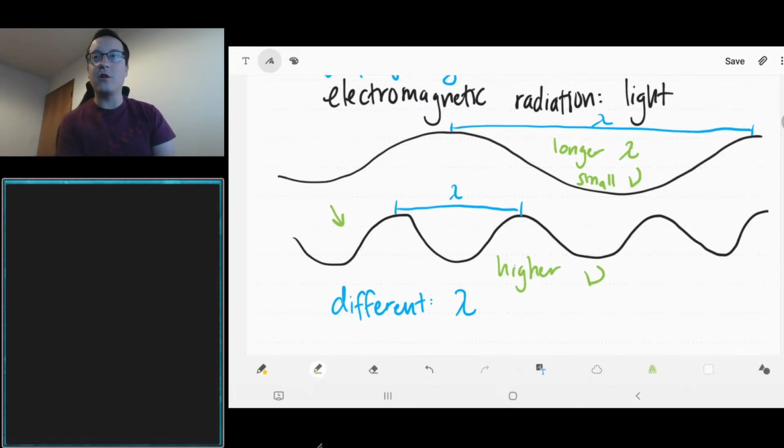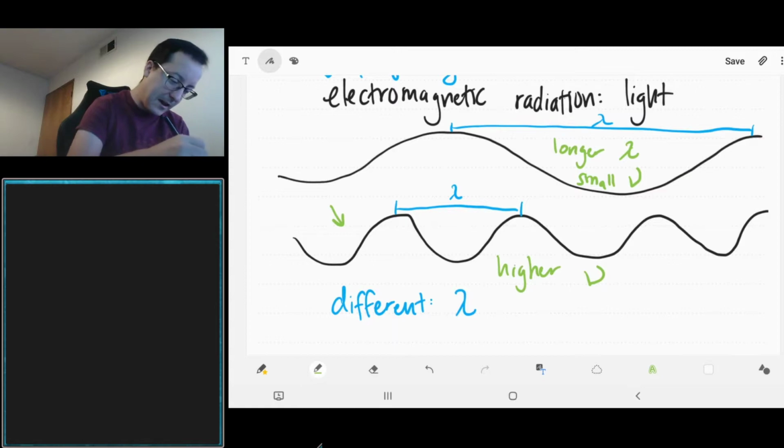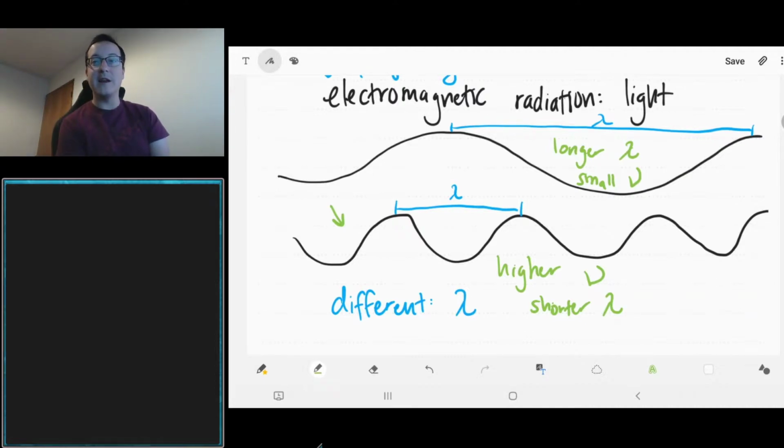Alrighty, and if you have a shorter wavelength, you have a higher frequency. Again, because all light waves are traveling at the speed of light, and since they're traveling at the same speed, shorter wavelength means higher frequency.